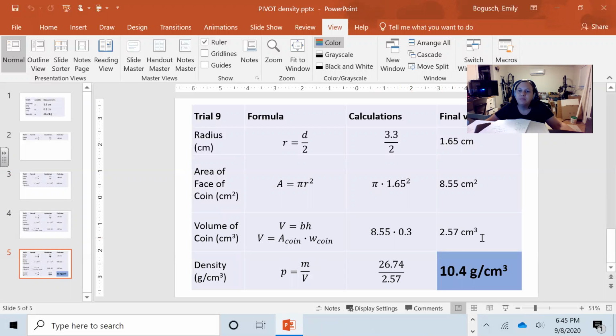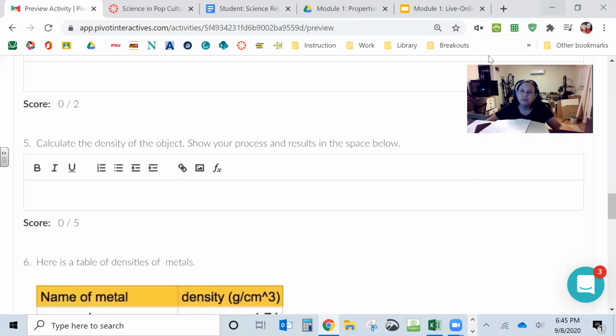So I calculated my volume, and then last, I took the mass divided by the volume to get density. My density was 10.4 grams per cubic centimeter. That was the work I did, and I put some of those calculations that you need to do in our Canvas classroom.